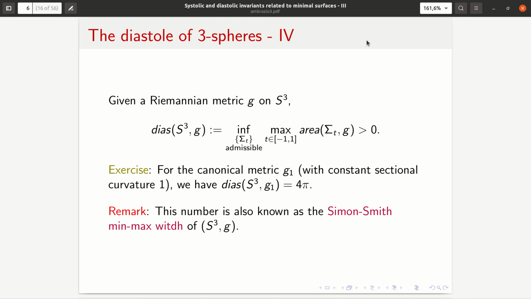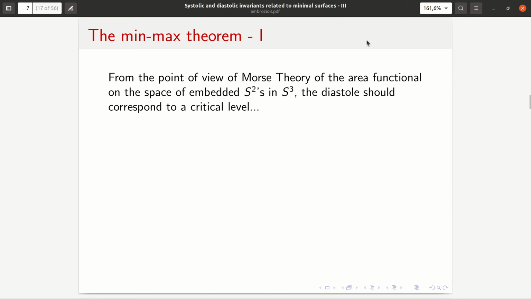back in the 80s when they were trying to implement a min-max procedure that would find a minimal two-dimensional sphere in S3. And actually, from the point of view of Morse theory of the area functional on the space of embedded S2s in S3, this number, the diastole, should correspond to a min-max critical level.